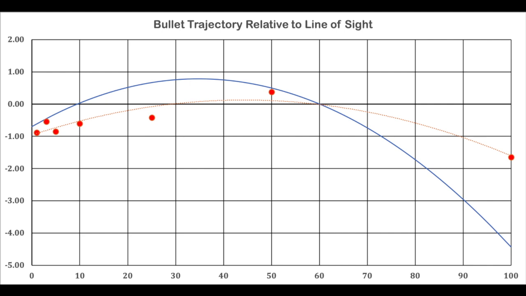Okay, so my mathematical model needs work, but I think there's still some useful conclusions that we can draw from our range data. For one thing, we know that at very close range, the point of impact will be below the line of sight by approximately the height over bore.